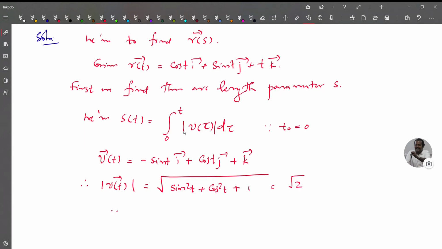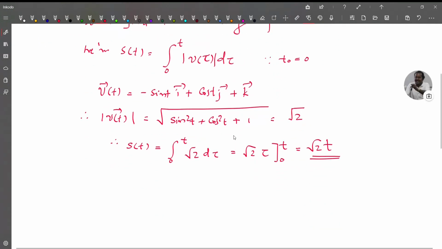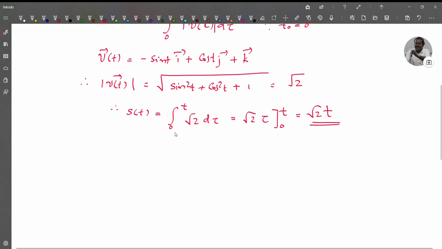Therefore, s of t is integral 0 to t root 2 d tau. So that is equal to root 2 tau from 0 to t. So this is root 2 t. That is s is equal to root 2 t.